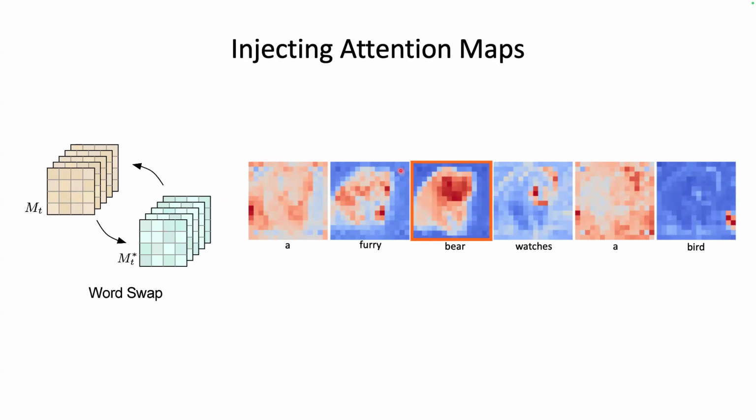So here the idea is that if we have this prompt, a fairy bear watches a bird, and we want to change just the word bear, for example, to a cat, then we're going to inject the attention map of the word bear while we're generating a cat, okay? And this is going to help us to preserve the structure of it, and therefore we're going to have an alignment with the input image.